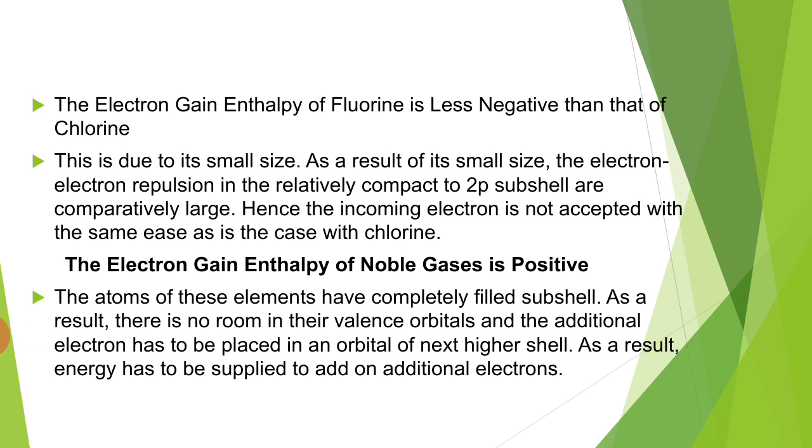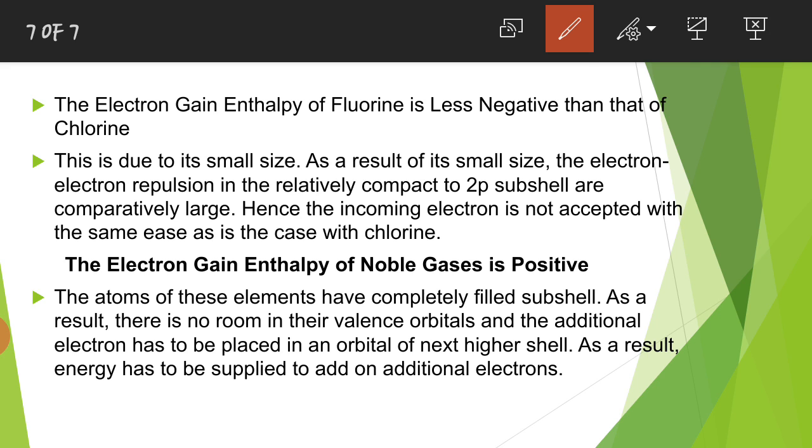The electron gain enthalpy of fluorine is less negative than that of chlorine. This is due to its small size.